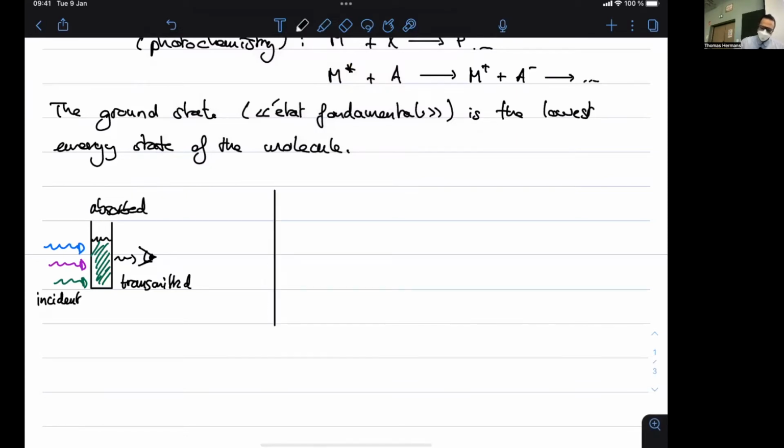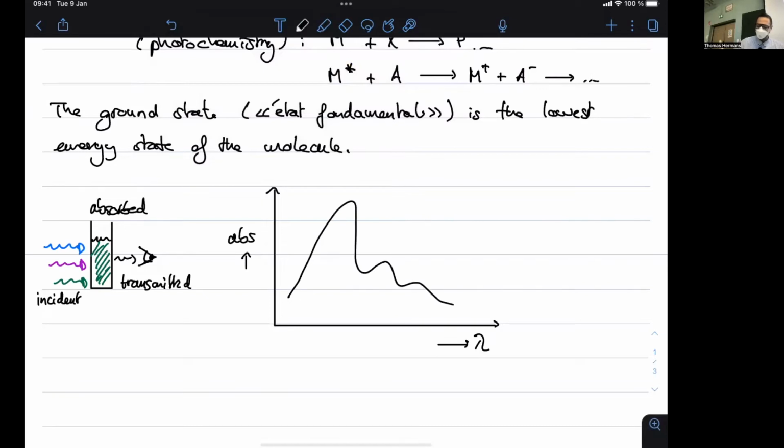So the spectrum will look typically something like this, right? You have the absorbance versus the wavelength. And you will get something, whatever. We'll see what that becomes. Okay?